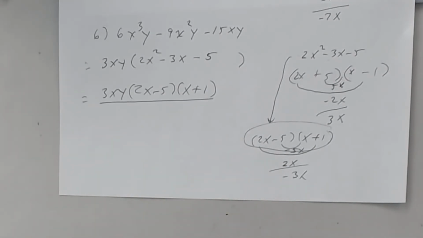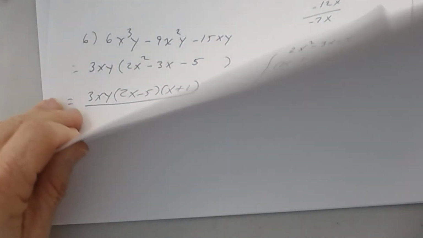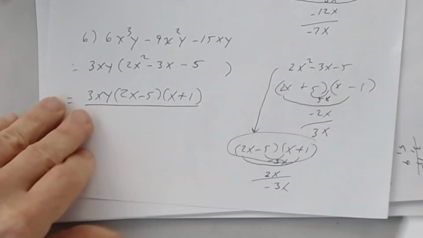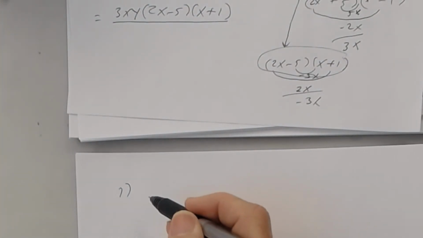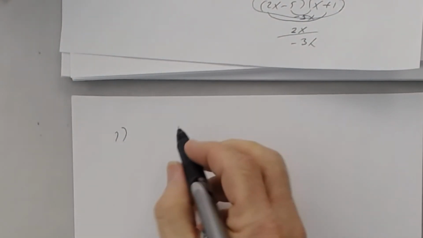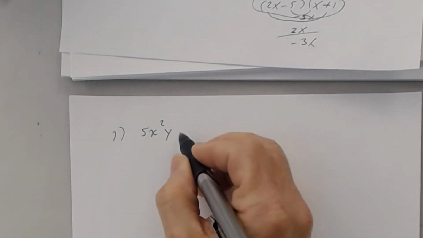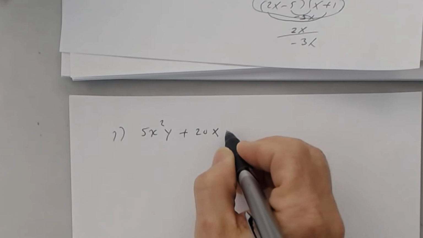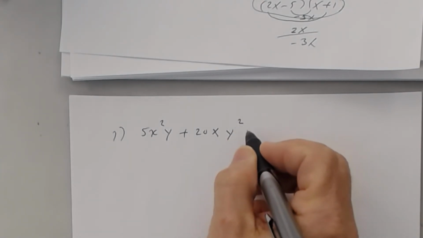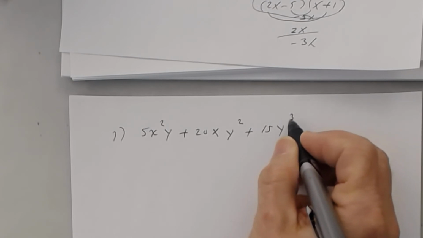Okay, number 7. All right, 7. Let's suppose we had 5x squared y plus 20x y squared plus 15y cubed.